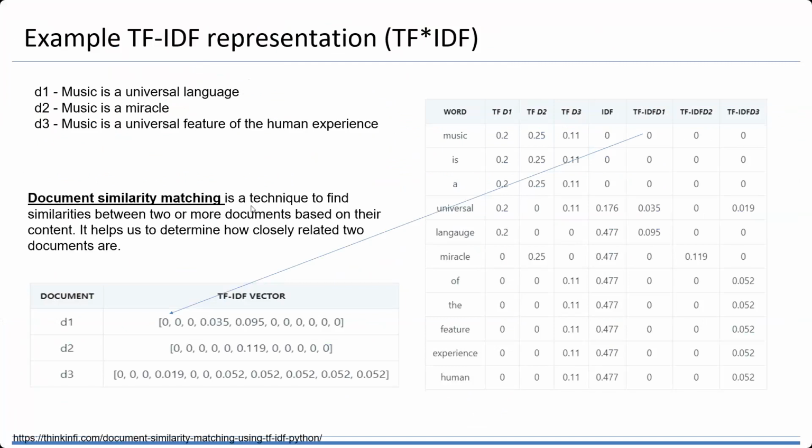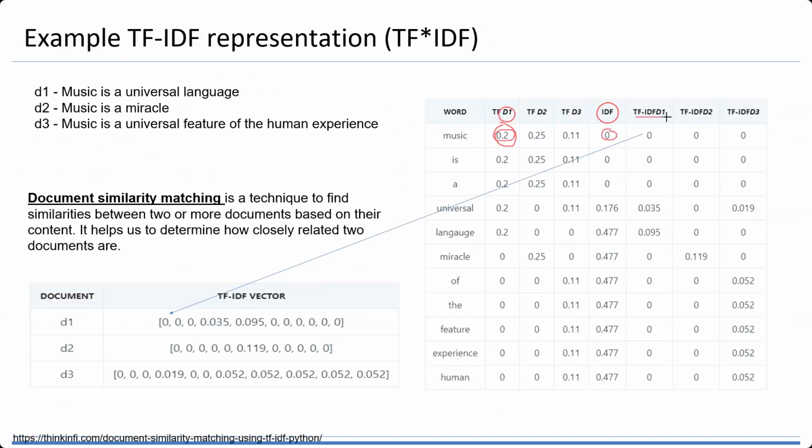And after that, we will get the TF-IDF. What is TF-IDF? We will just multiply the TF of document 1 with the IDF. 0.2 multiplied by 0.